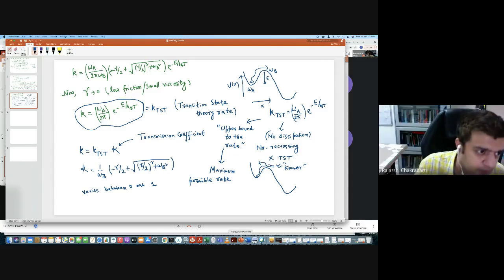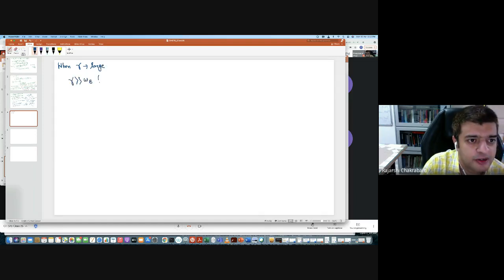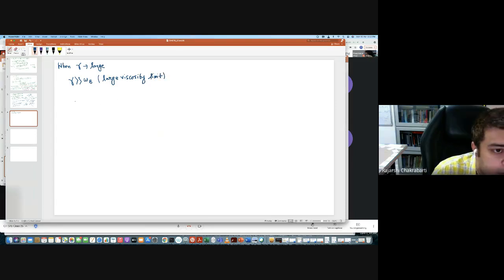Okay. So now I can go to the other limit, when gamma is large. When gamma is much greater than omega b, this is called the large viscosity limit.